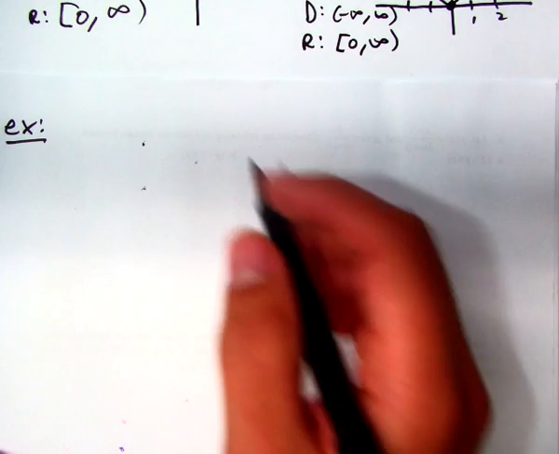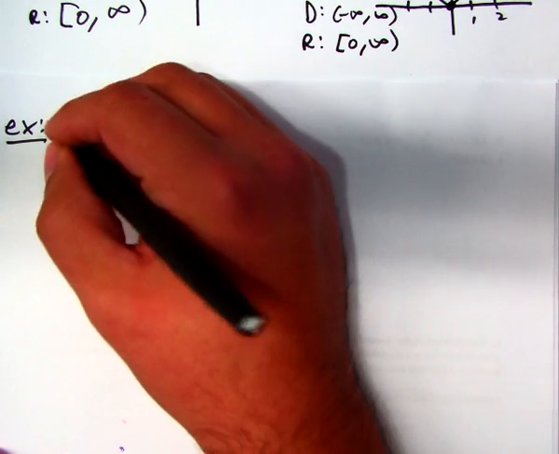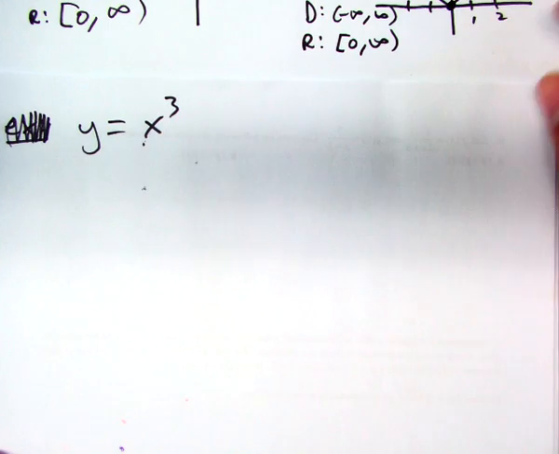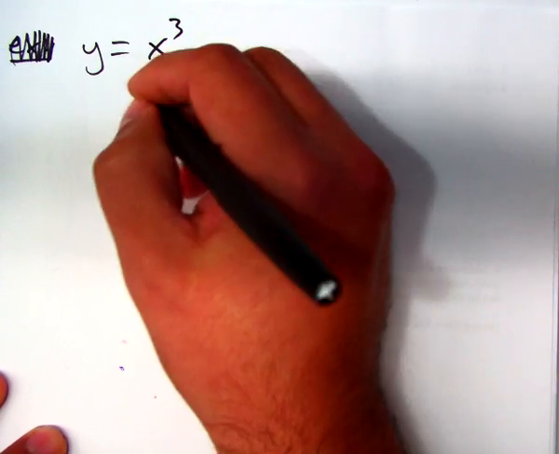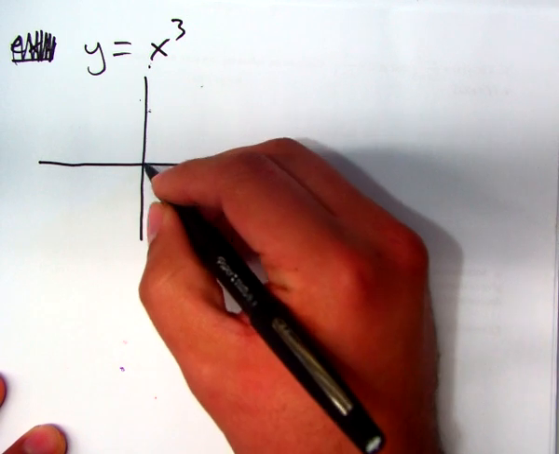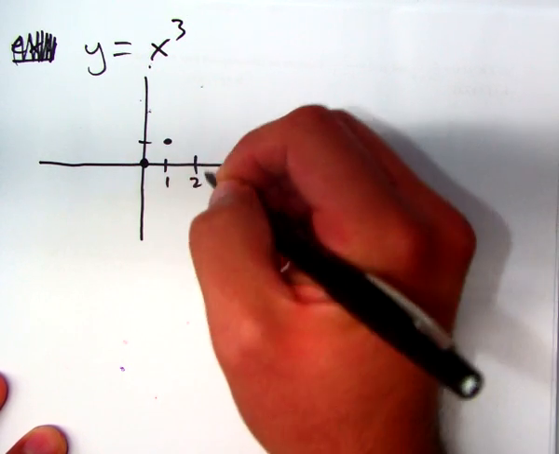Okay, graph number 3. Not an example. Sorry about that. Graph number 3 that we should know is y equals x cubed. If you don't know the shape, it's not that hard to figure it out. 0 cubed is 0. 1 cubed, 2 cubed.